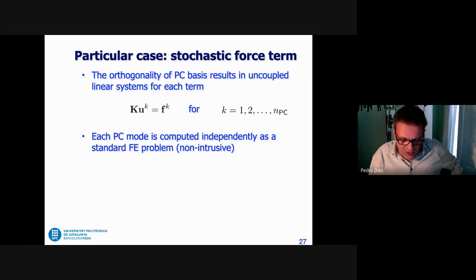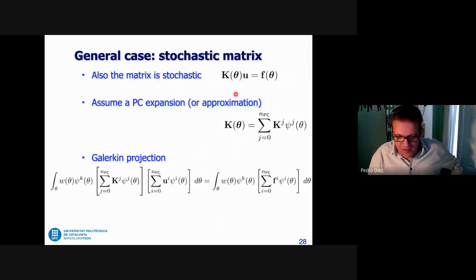In the general case, both the matrix and the force term are stochastic. We are going to assume that K has a polynomial Gauss expansion. Again, we weight with the same weighting function, both the left and the right-hand side.